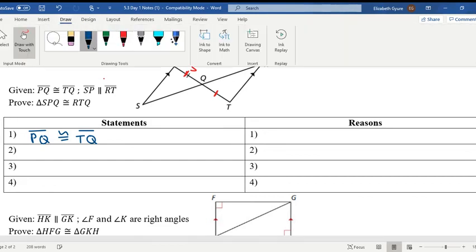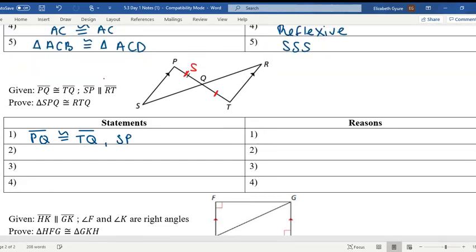We are given a set of congruent sides. And we are given that segment SP is parallel to segment RT. So that is given. We want to prove that triangle SPQ is congruent to triangle RTQ. All right, so we have one set of congruent sides to start us off with.